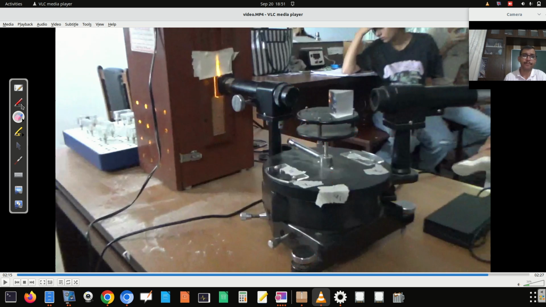First step is, we have to align the collimator and telescope with the help of these screws. Another step is we have to level this spectrometer.